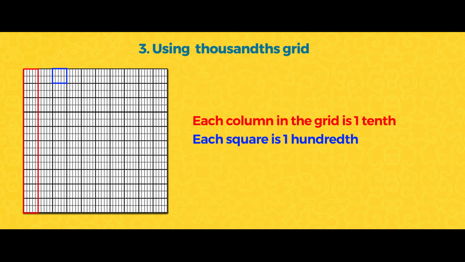That represents 1 hundredth. And then another, a very small rectangle there, marked green. So that represents 1 thousandth. So now with this concept, let's use the 1000 grid to add decimals.